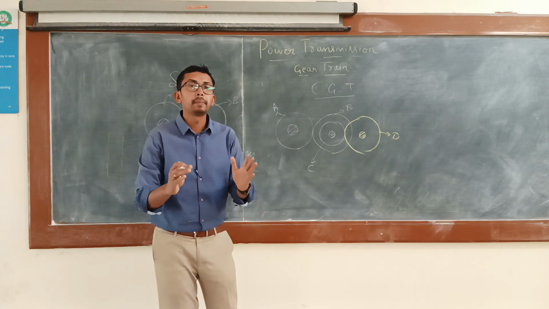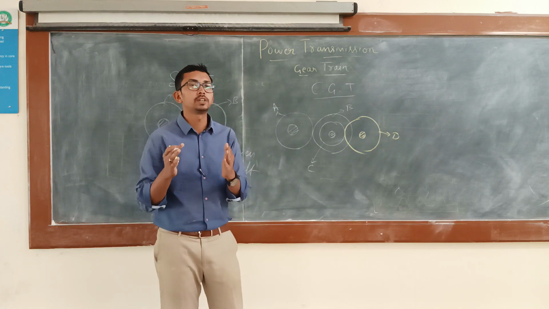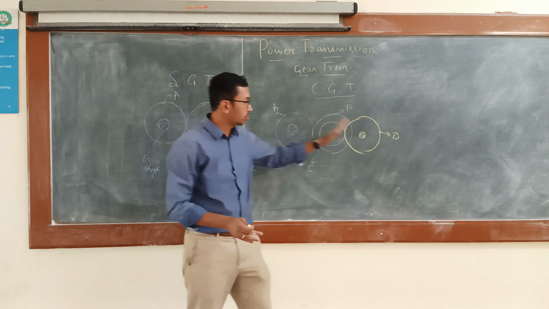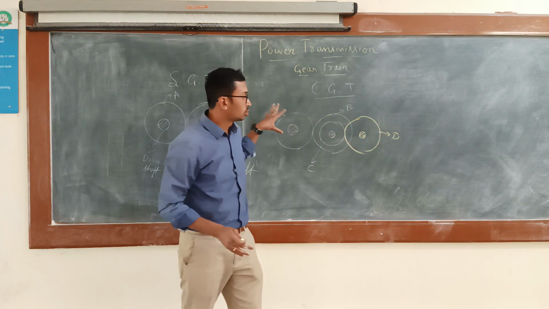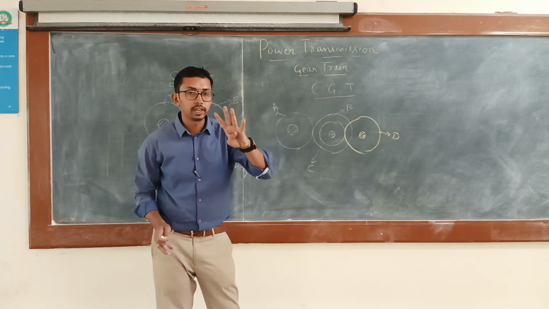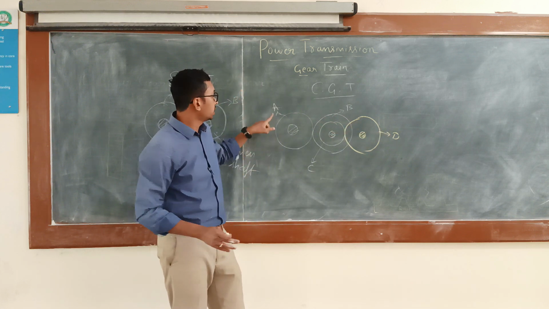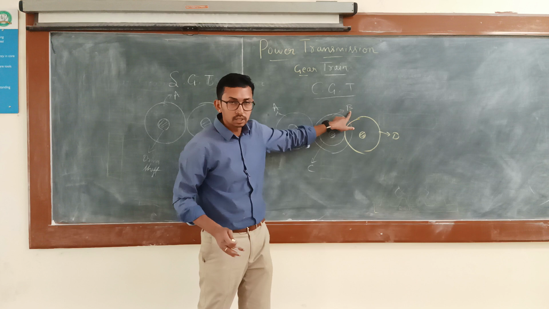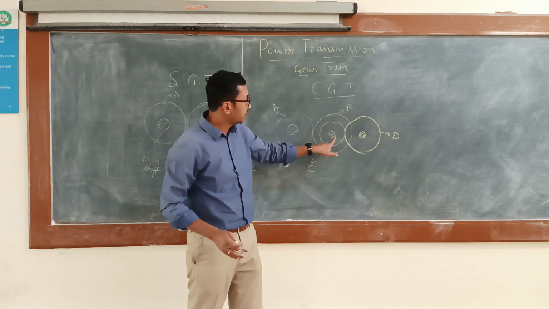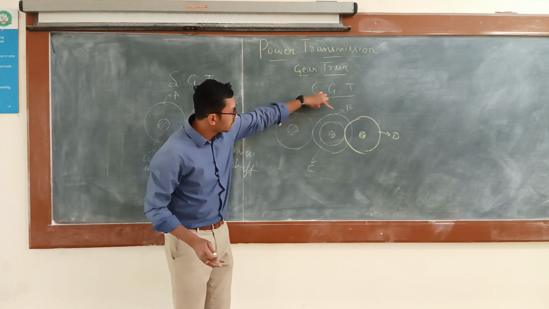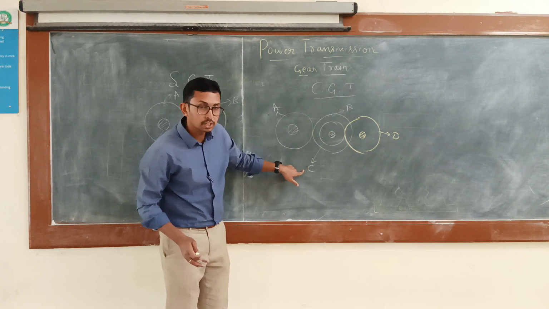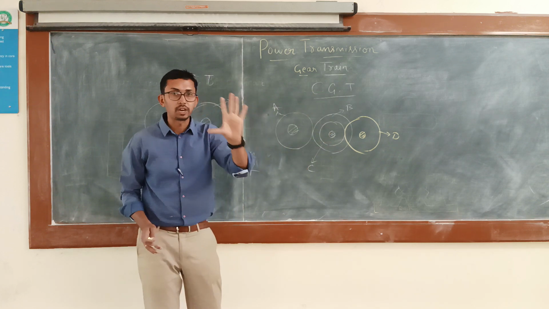So here my main intention is to transmit the power from gear A to gear D. Okay. So in between, totally I am using 4 gears to transmit. So here gear A is meshing with gear B and gear C is meshing with gear D. But gear B and gear C are mounted on the same shaft.